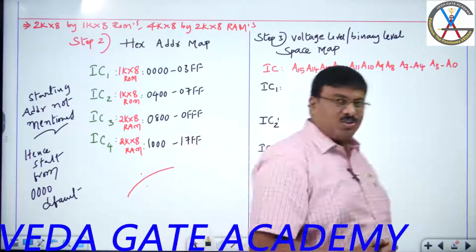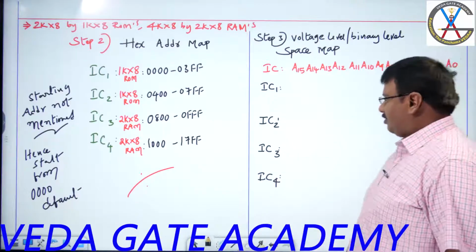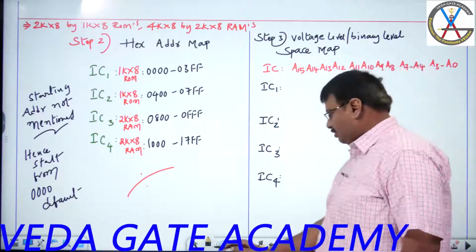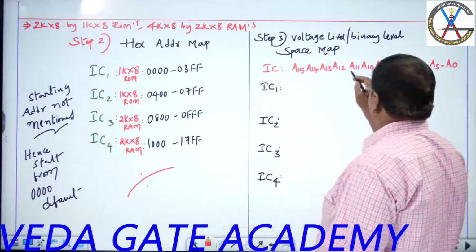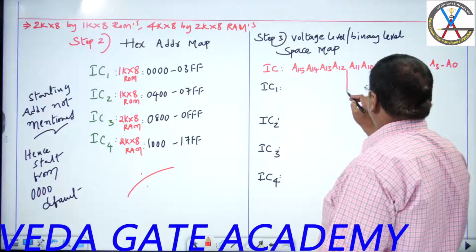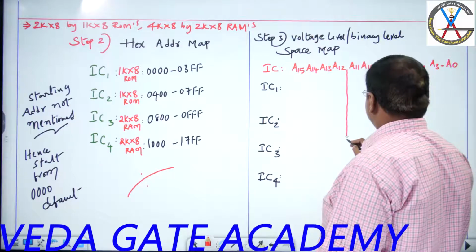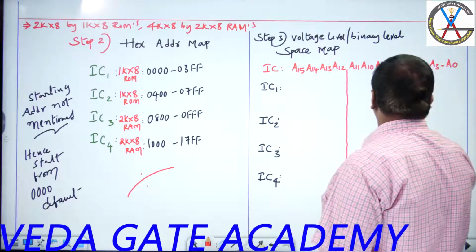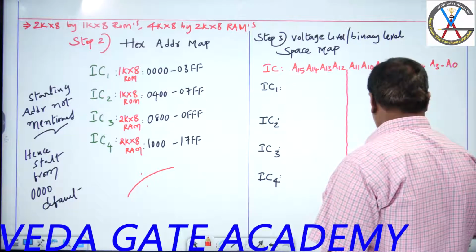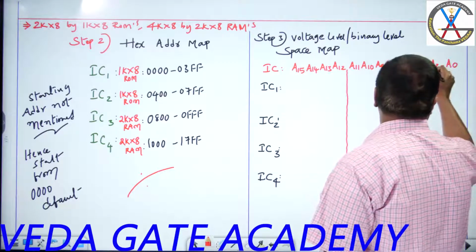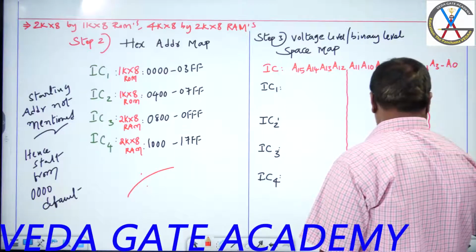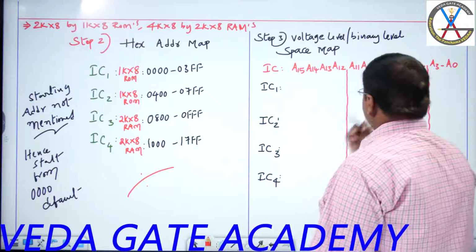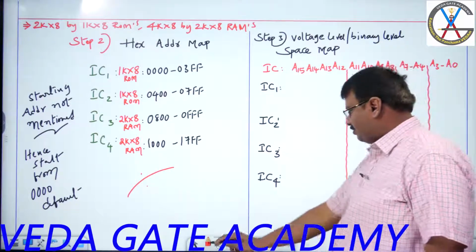IC1, 2, 3, 4 are framed to convert this into hexadecimal, binary space map. Yes, please. Since I am doing in hexadecimal, make it into 4-bit equivalent. 4-bit segregation. IC 1234 4-bit segregation.